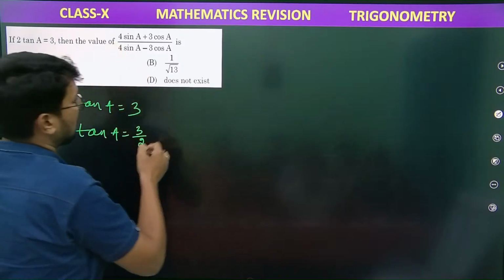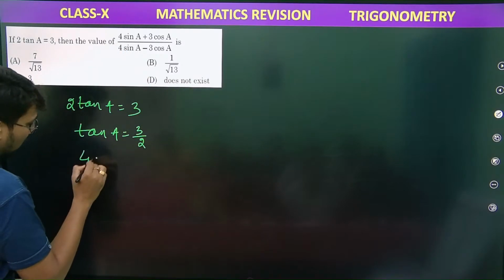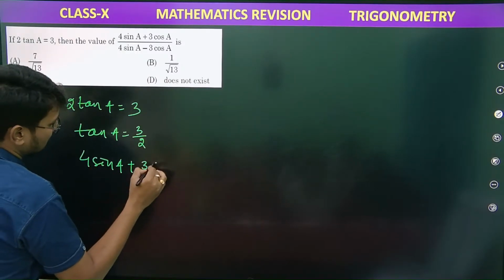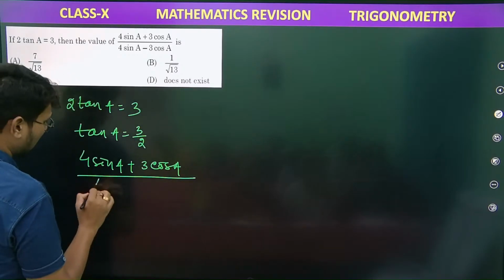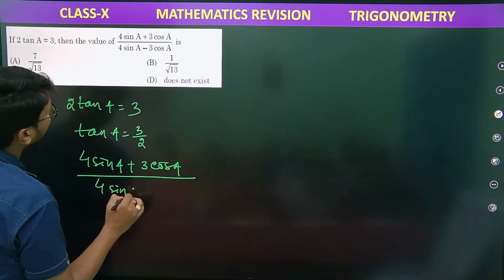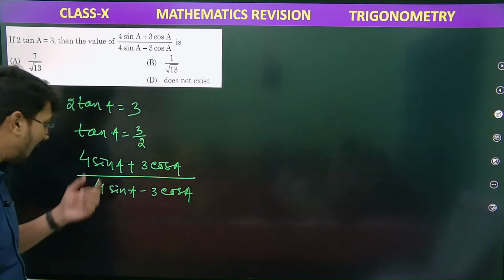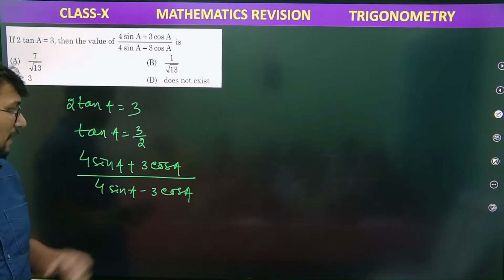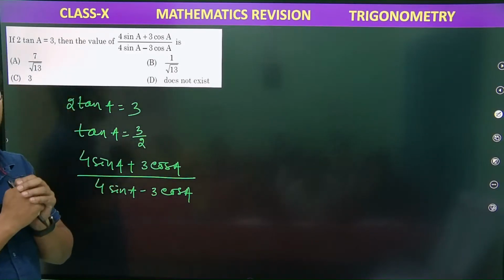Now you will start solving the question. Which one is the given question? The question is: 4 sin A plus 3 cos A divided by 4 sin A minus 3 cos A. Who can say how to write sine in terms of tan? By dividing by cos. While dividing by cos, we have to divide both numerator and denominator.